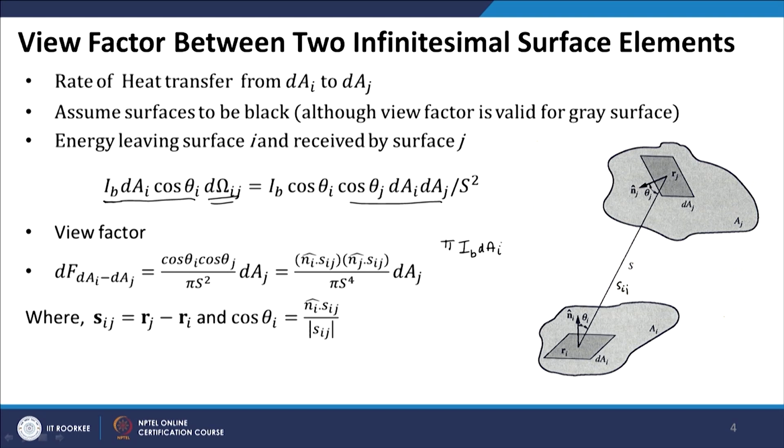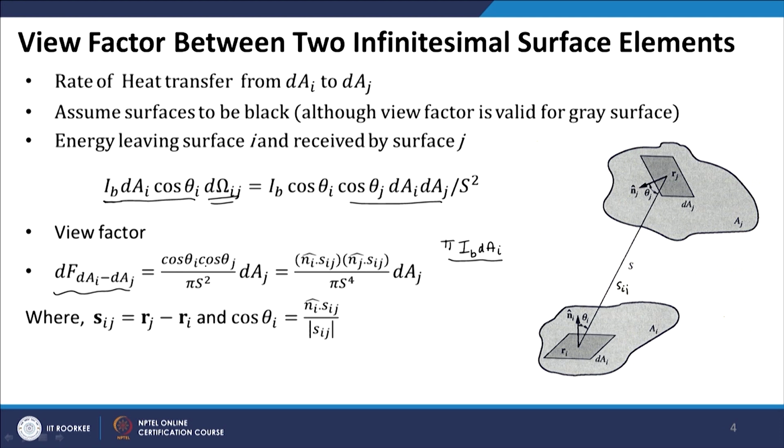This is the total amount of energy that is emitted by surface dAI, and when we divide the amount of energy received by surface dAj by this total amount of energy emitted, we get the view factor between these two infinitesimal surfaces, that is dF, the small view factor between surface dAI and dAj is equal to cos theta I cos theta j divided by pi s square dAj.